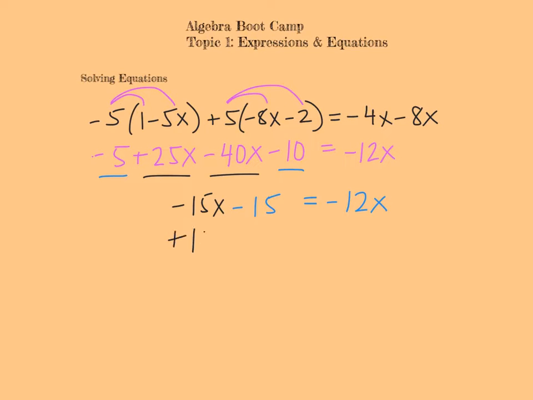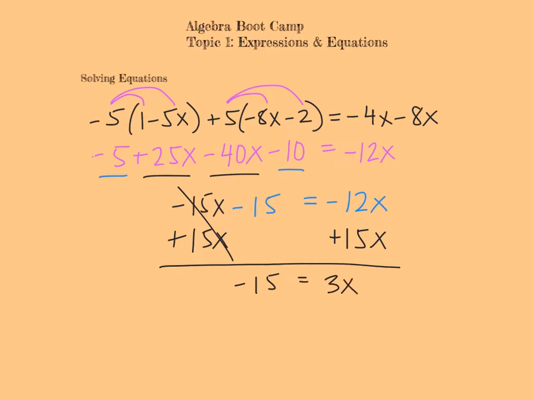So we'll add it over here and add it over here, and that way we always still have something on either side of our equal sign. So we still have that negative 15, and then we have a positive 3x. Our last step is to divide, and we're left with x equals negative 5.